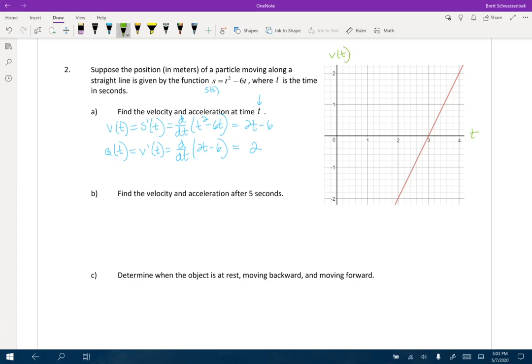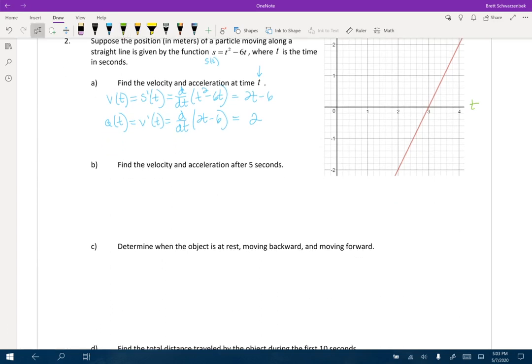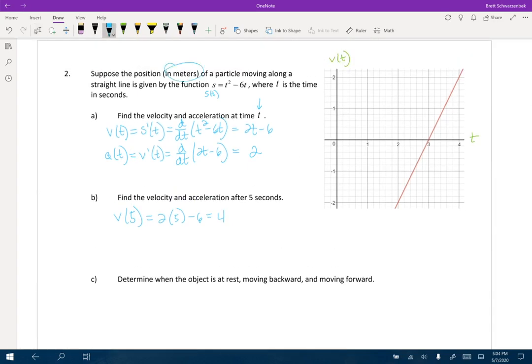If we want to find the velocity and acceleration after 5 seconds, then all we have to do is sub into the respective values. We need to find v of 5, which is 2 times 5 minus 6, which is 4. We do need a label, so this time we have meters and seconds, so meters per second.